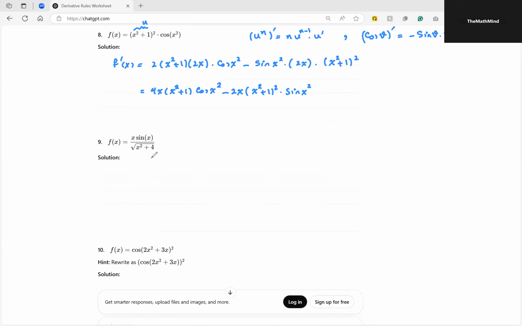Okay, question number 9. We have the product rule in the top, and also we have the quotient rule.